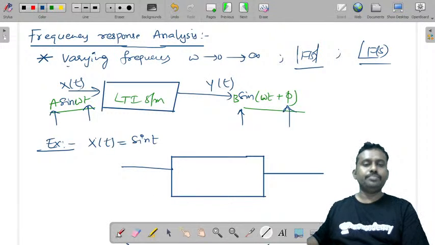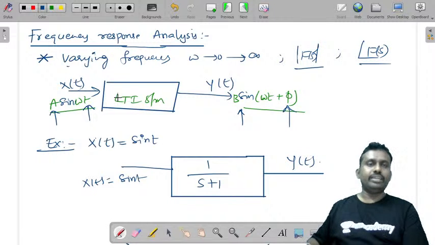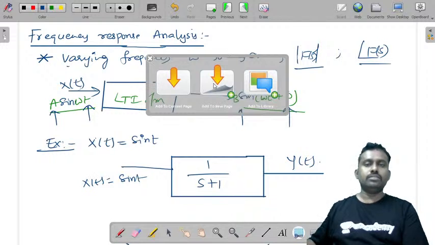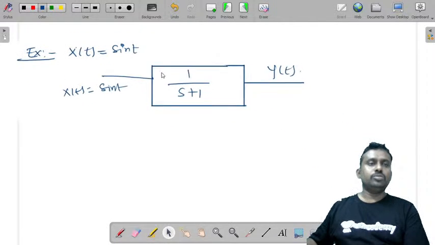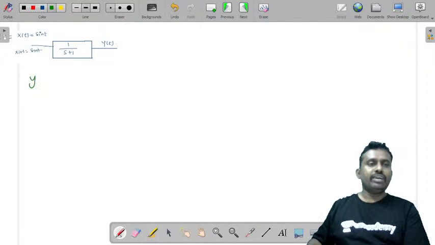Let us say this is 1 by s plus 1, this is the system, and we are in need of finding y of t. So let me take this to the other slide. So this is x of t and y of t. I'm going to find what is y of t.